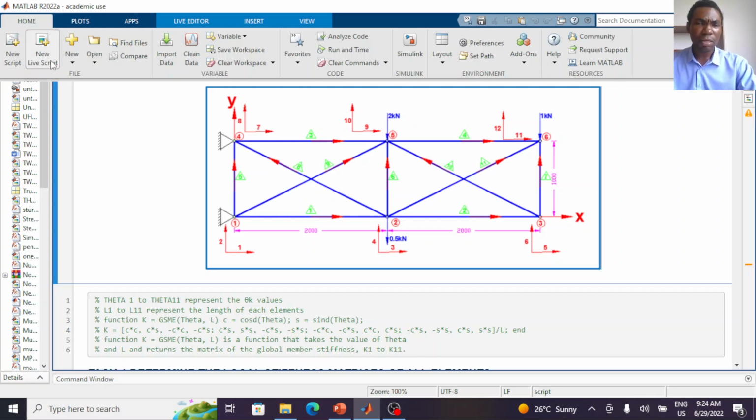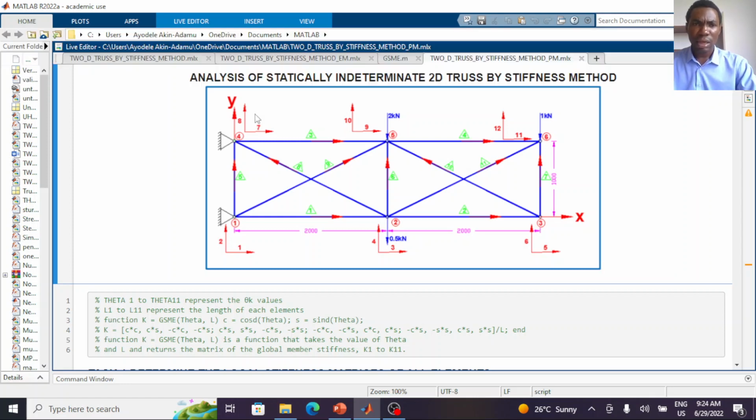The New Live Script is for you to run your code, to solve the problem. So you click on this New Live Script. An empty interface will be opened for you as shown on the screen, where you will enter your Matlab code, your explanation, and all that. So this is the live script I'm using to solve this problem.